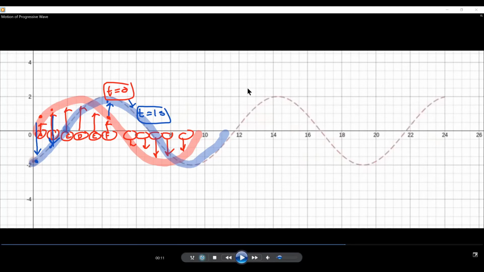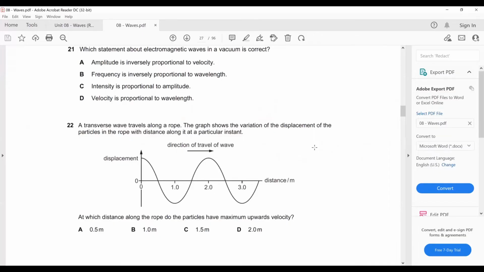All right. So applying what I've just mentioned here, if you refer back to that little question that we are looking at, this is the wave profile. Okay. This one, I could say maybe it was at t equals 0.